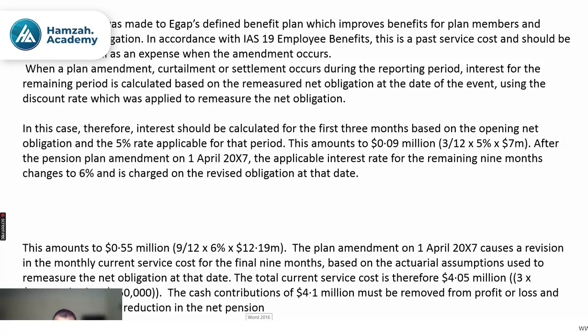After the amendment of the plan, for the remaining 9 months we will use the 6% rate to calculate the interest. After the amendment, the value of the plan is 12.19 million. So 9 months interest will be 0.55 using the 6% interest rate.